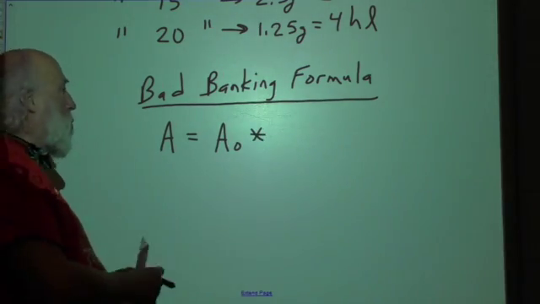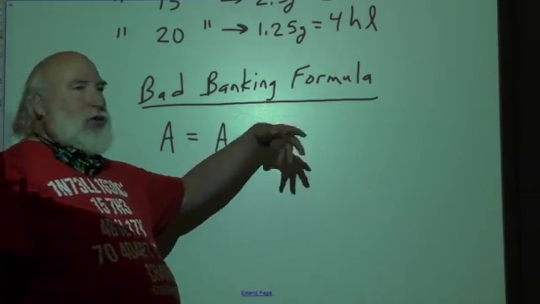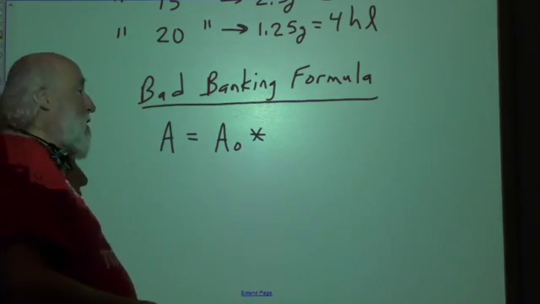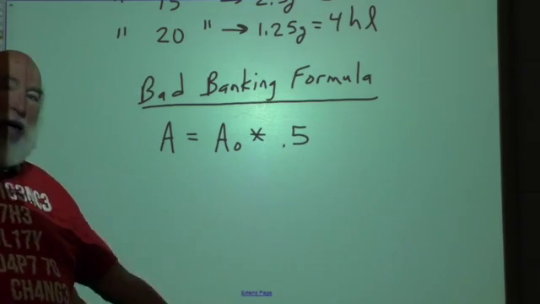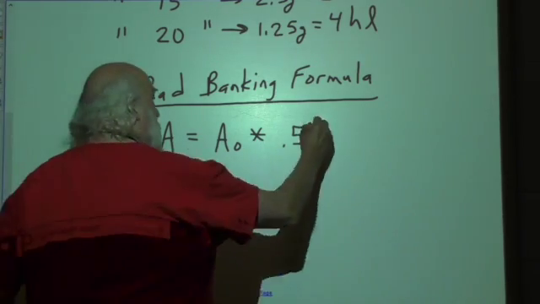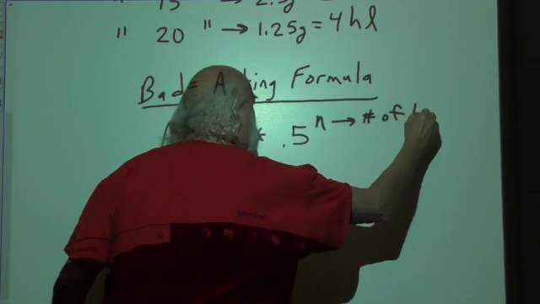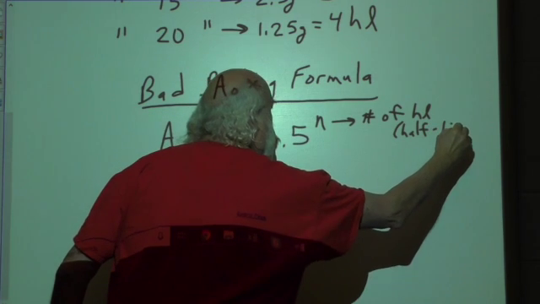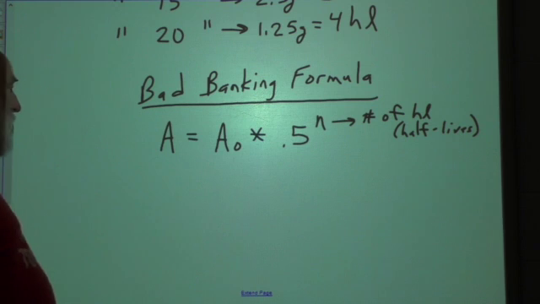Like the bank's would be 1.03 to the n power for 3% interest. This is going to be just the opposite of that. This is 0.5, you're going to lose half of your stuff, to the n power, where n is the number of half-lives. We'll be using HL for half-lives for the duration of this discussion.